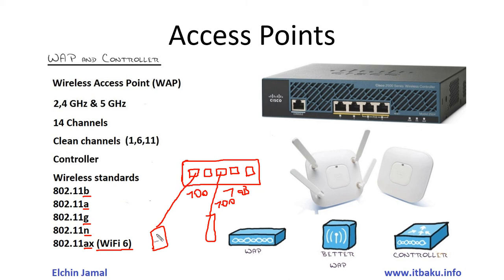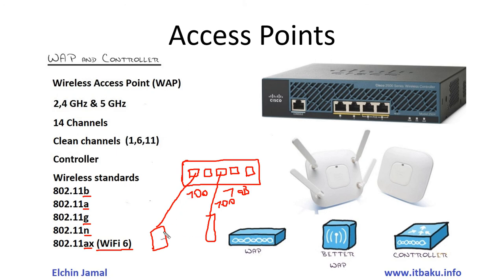So the more devices I have connected to the switch, the more things we can do, the more speed we can use. Each device uses its own 100 megabits or 1 gigabit separately, without any problem.